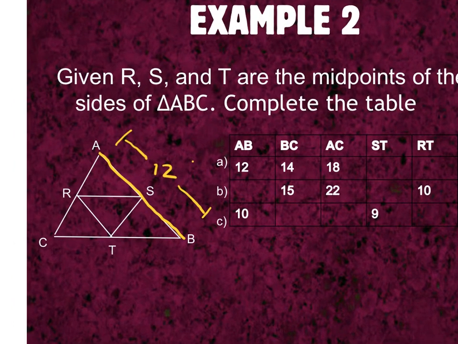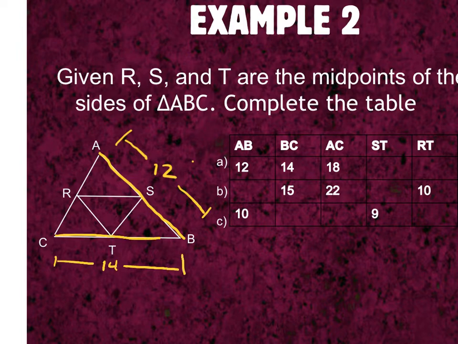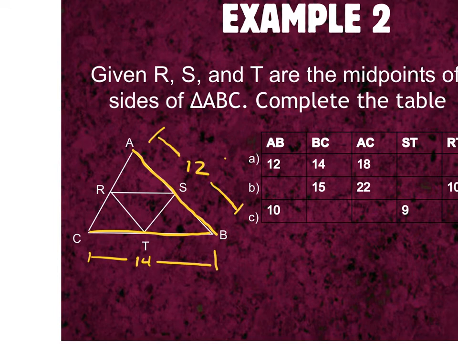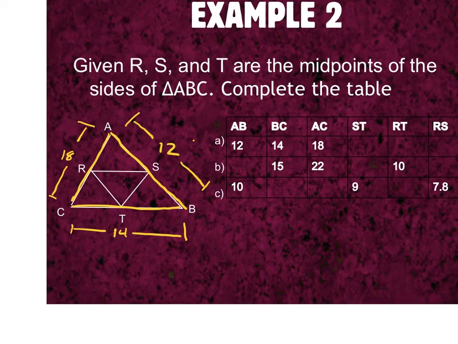BC, which is on the bottom, is 14. That's this length right there. And AC is 18. That's this length right here.